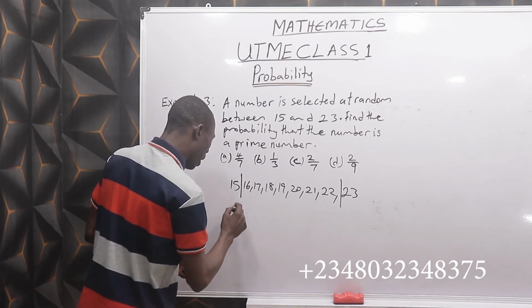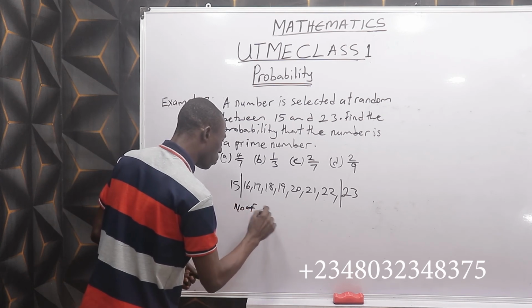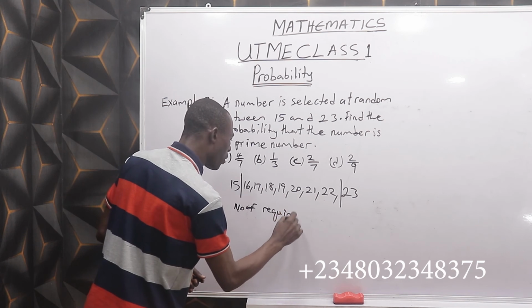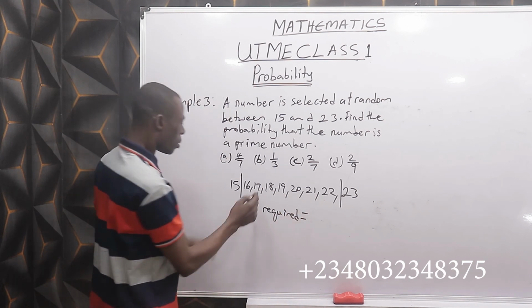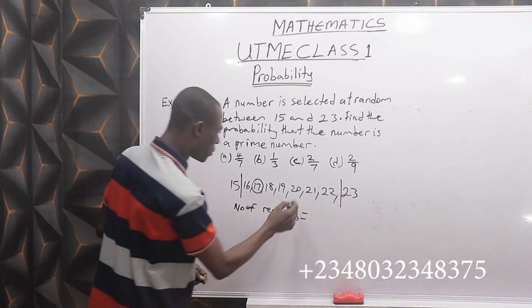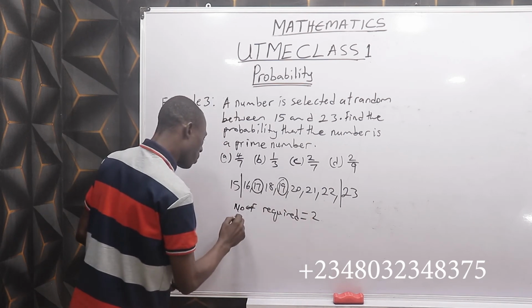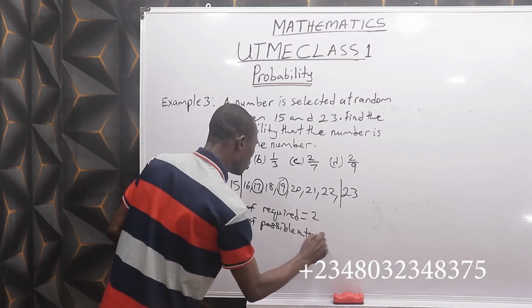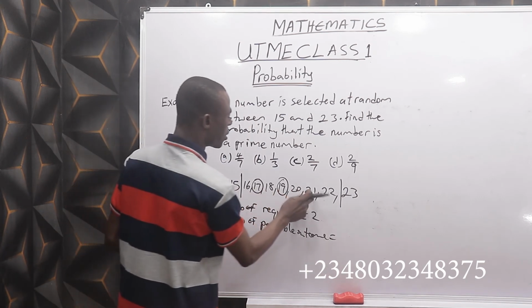Therefore, number of required outcome will be the 17, which is prime number. 19 is prime number. How many are they? 2. Number of possible outcome, that will be 1, 2, 3, 4, 5, 6, 7. 7.